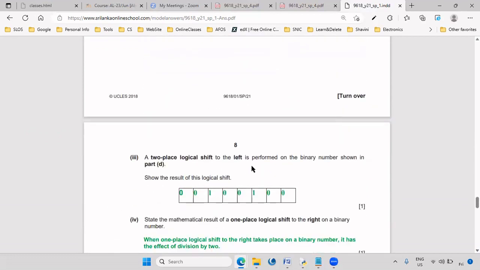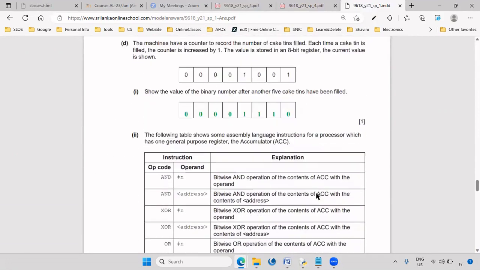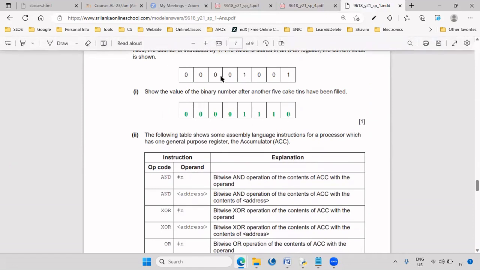A two-place logical shift to the left is performed on the binary number shown in part D. The number shown in part D means not this number. Be careful. Part D, this is the one that is shown. This is not shown. This is what you wrote.